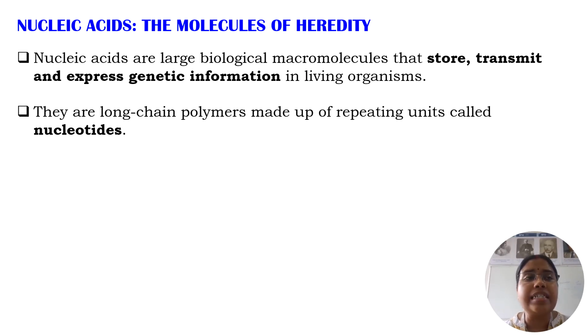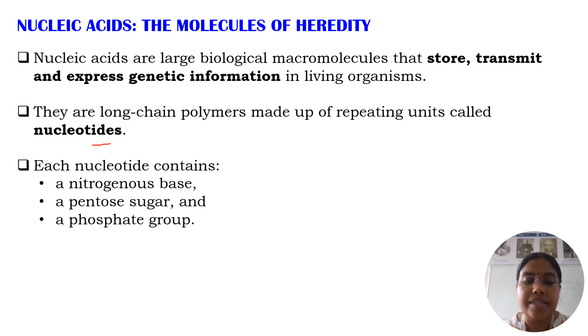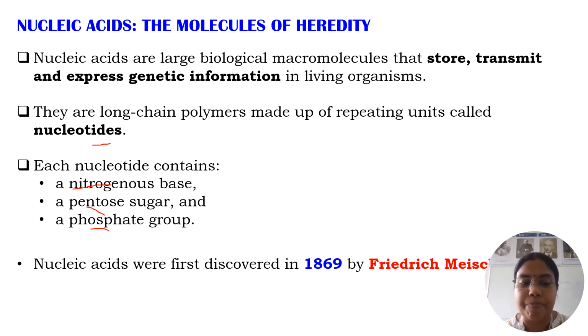They are built up of long chains of polymers called nucleotides. The 'tides' means three, so it is made up of three components: nitrogenous base, pentose sugar and phosphate group. We will discuss these three in detail step by step in this lecture.